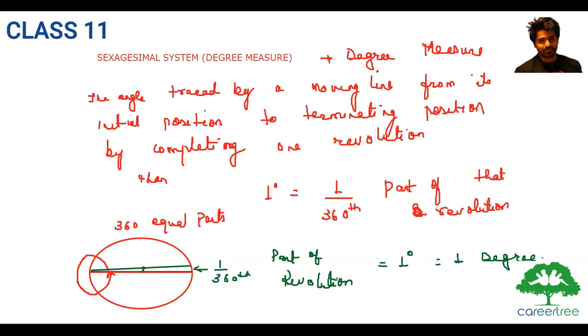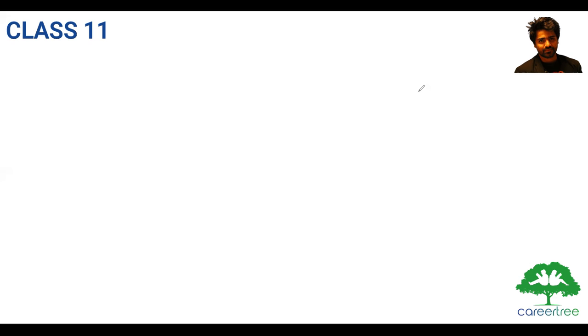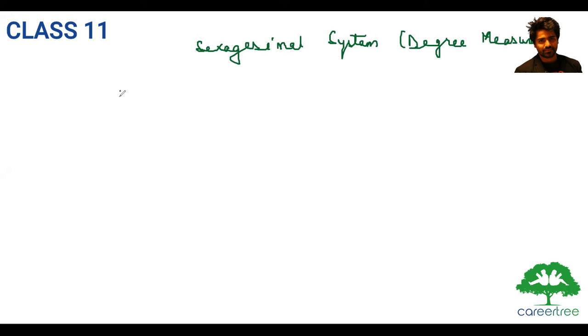Make a note. There is more to the degree measure, the sexagesimal system. First, 1 by 360th part of a revolution is 1 degree.